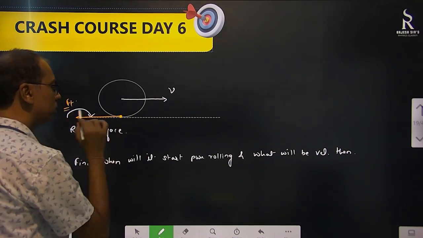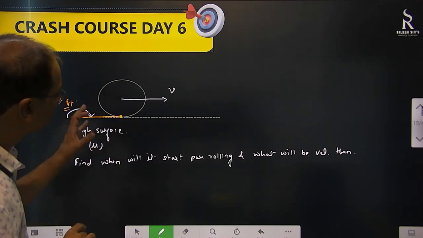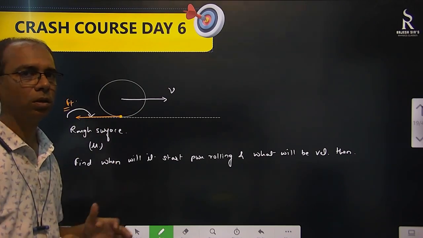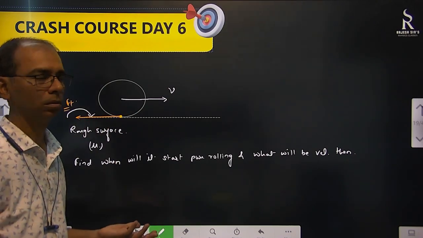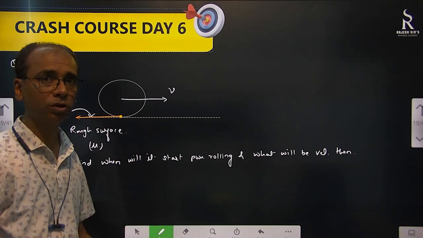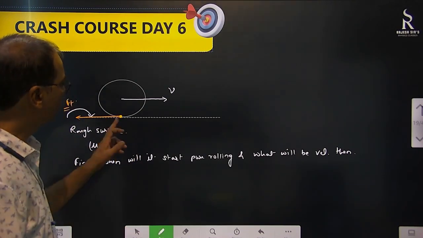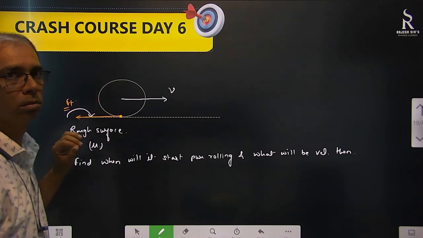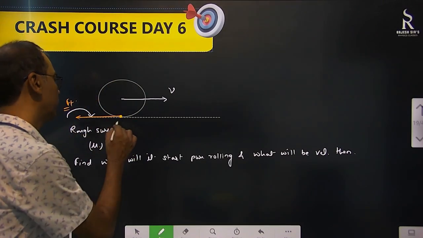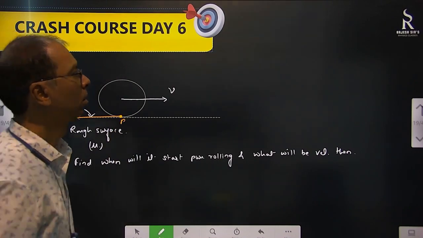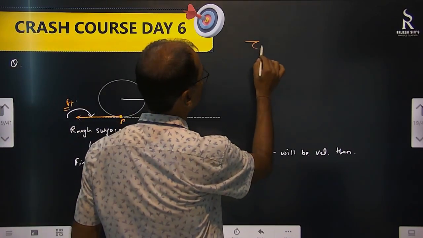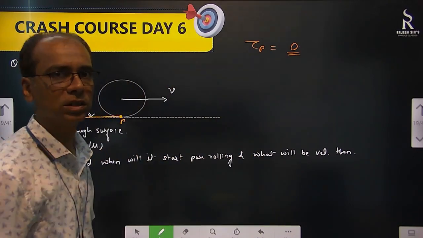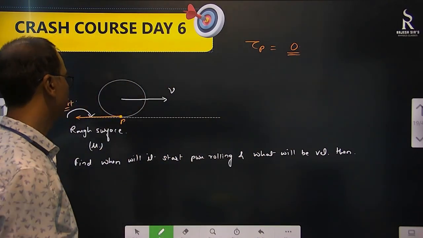But if I am going to talk about this point only, then torque about this point is 0, because friction is acting at that point, it can't produce the torque. Is there any other torque acting? No. If I say this point is point P, then torque at point P is 0.